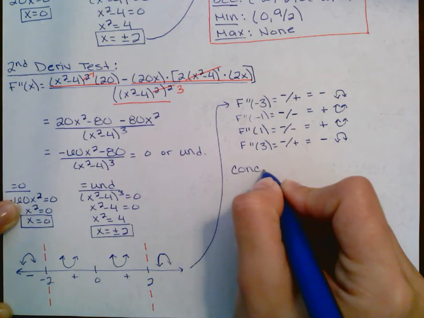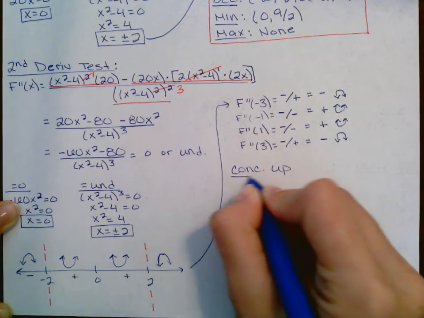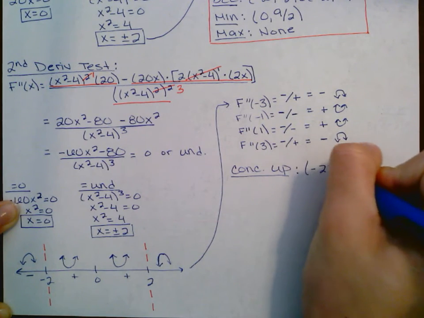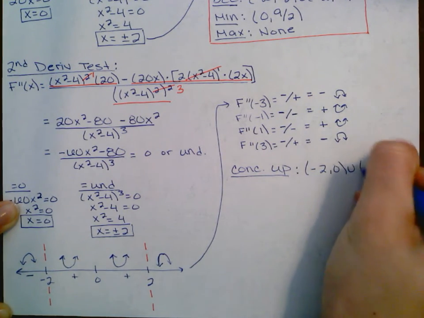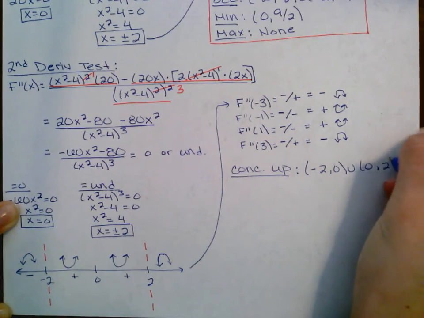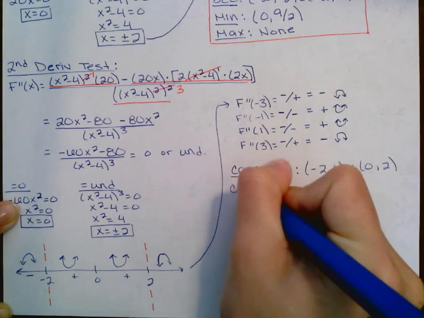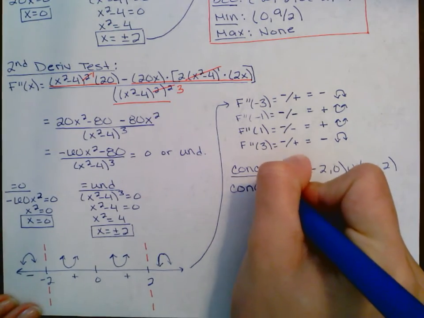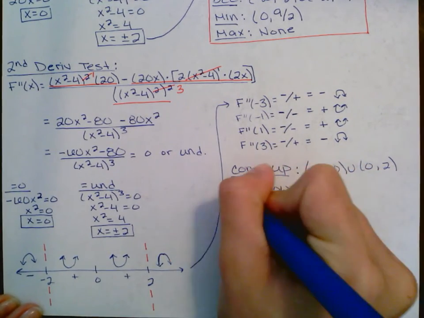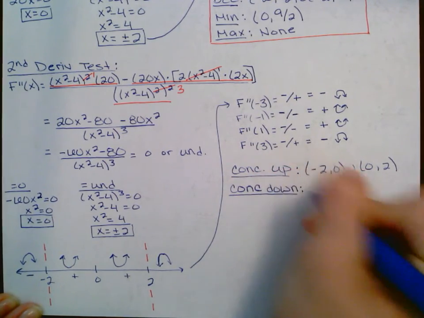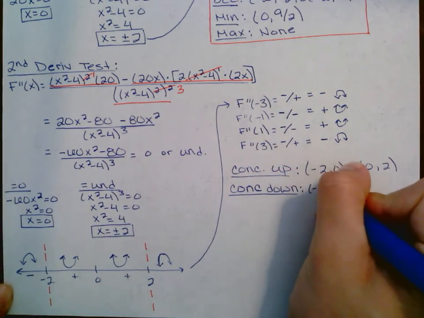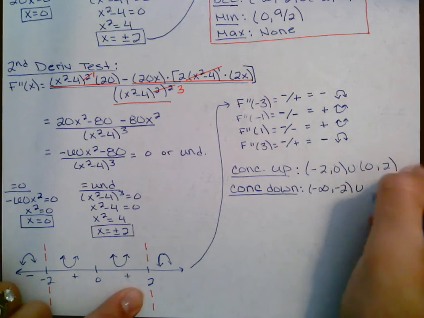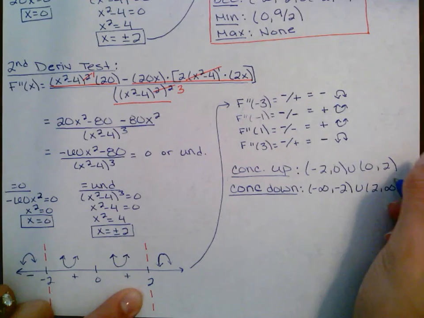So I'm concave up from -2 to 0 and from 0 to 2. I'm concave down from -infinity to -2, and then from 2 to infinity.